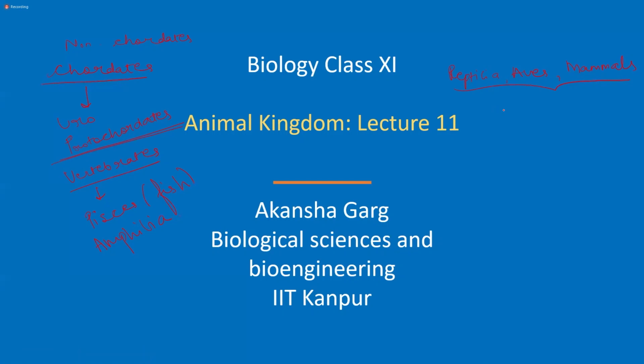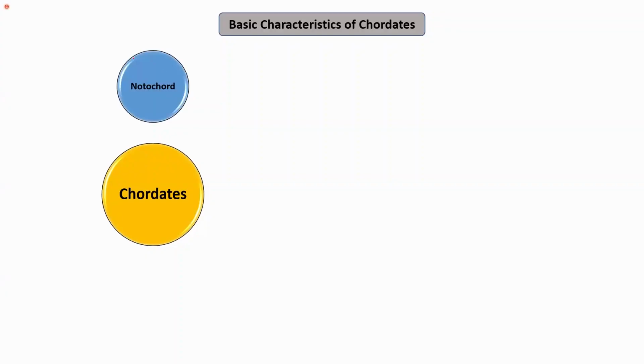So starting with the basis of classification. Again, today we are going to study the animals that have organ system level of organization and are bilateral. We have already learned the basic characteristics of chordates, including the presence of a notochord, which is a rod-like structure.